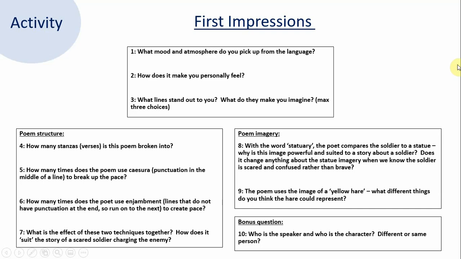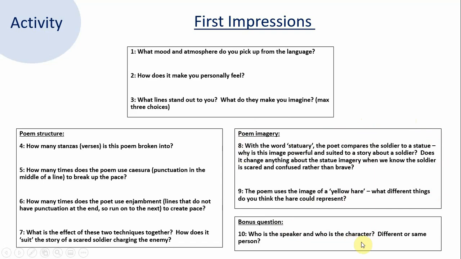The questions are broken up into 4 boxes. We have a general overview box to start with, 3 questions. Then we have 4 questions centered around the method of the poem's structure. 2 questions built around 2 key pieces of imagery in the poem, statuary and the yellow hair. And finally, a bonus question: who's the speaker and who's the character?